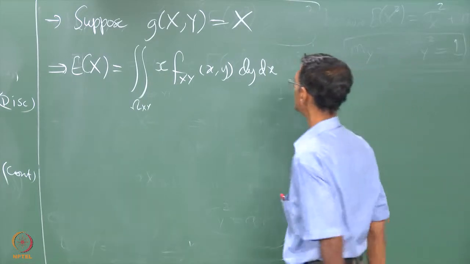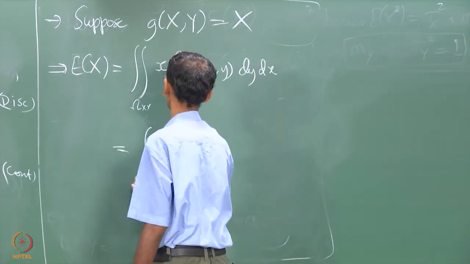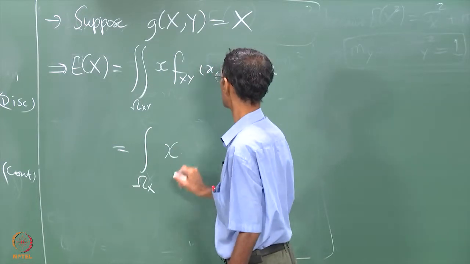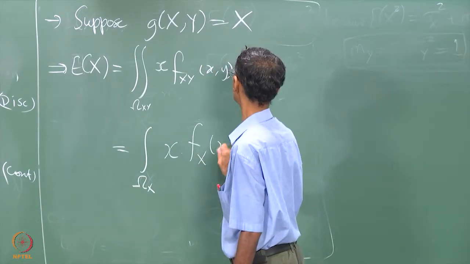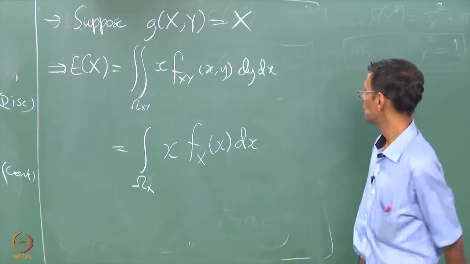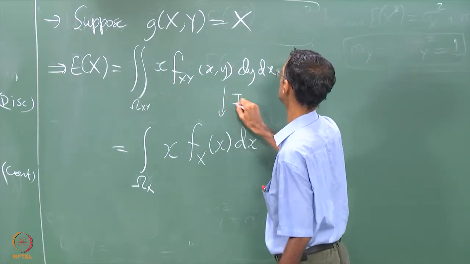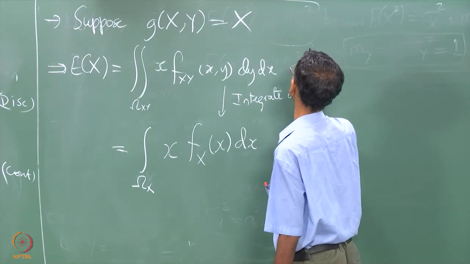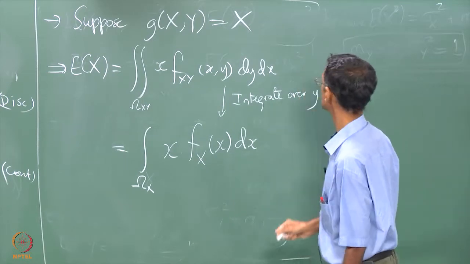So this will be an integral over omega x of x times the marginal, so you integrate over y keeping x fixed.